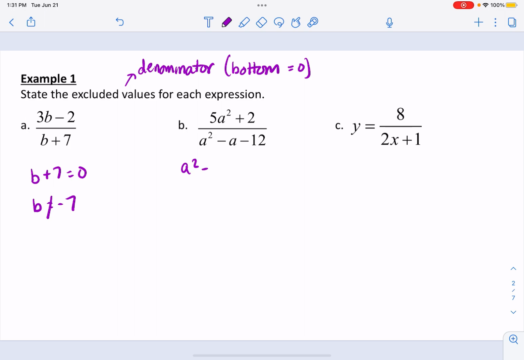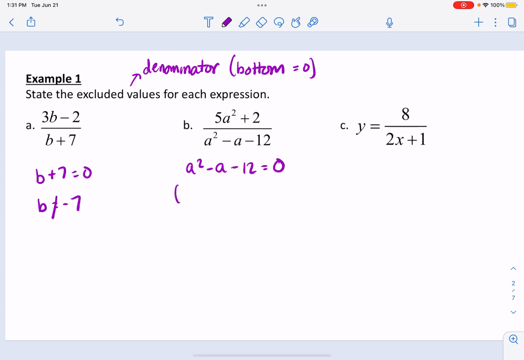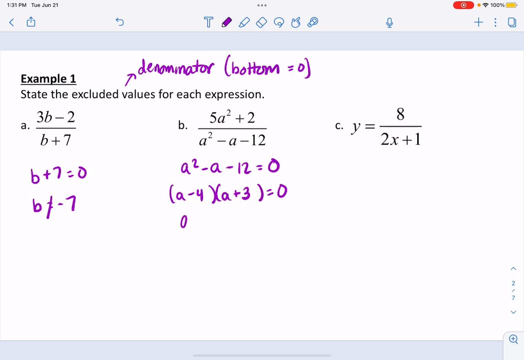So a squared minus a minus 12. I solve this equation. Oh, look, it's a quadratic, so I have to factor. Two things that multiply to be -12 but add to be -1: -4 plus 3. Okay, so then a equals -4.